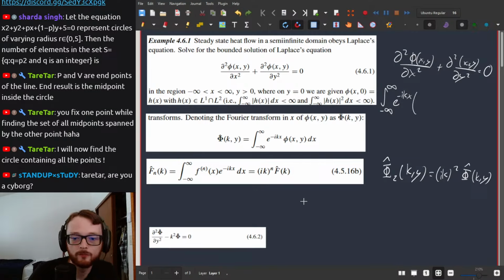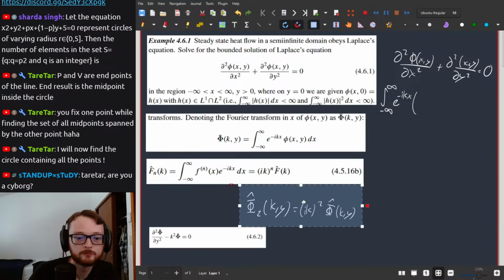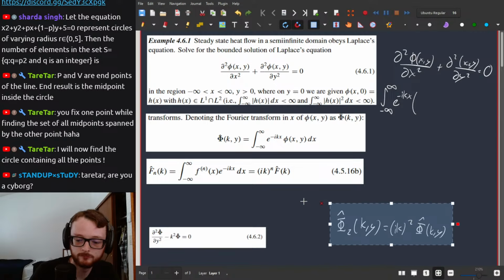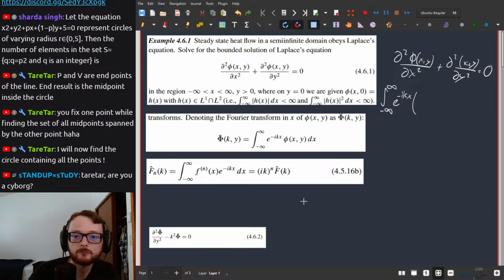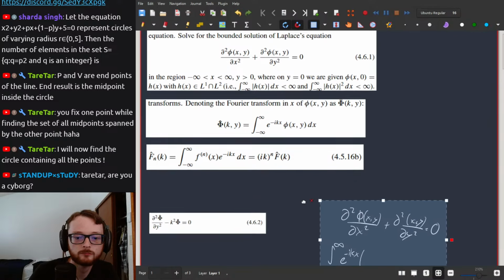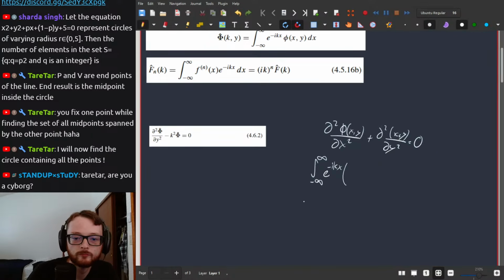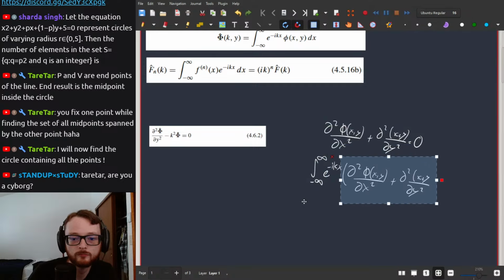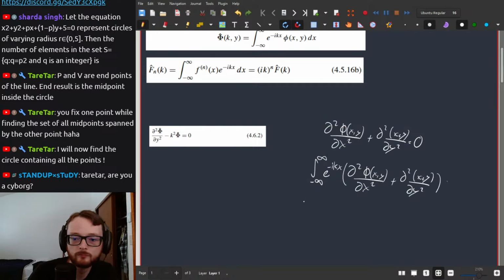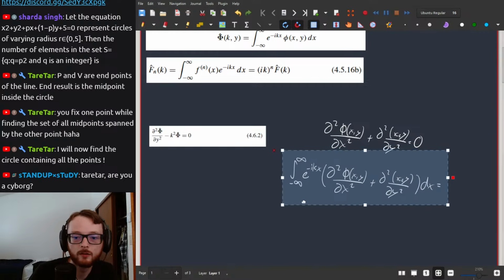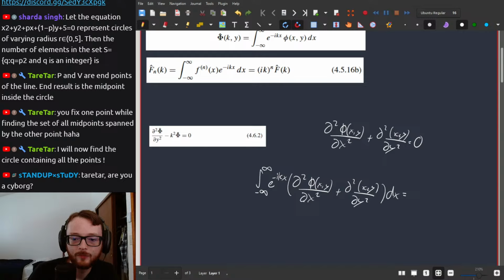I need more room. And so I guess if you integrate 0, you just get 0. So I'll keep that right side of 0.